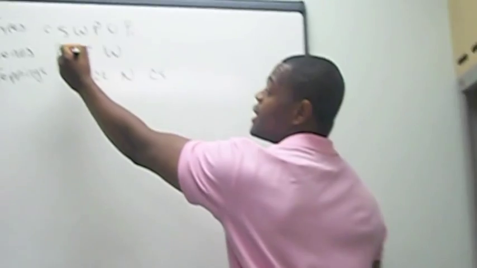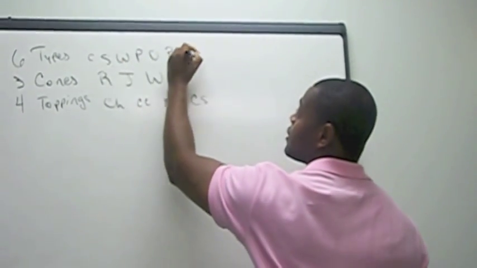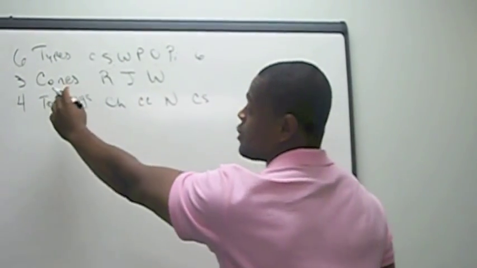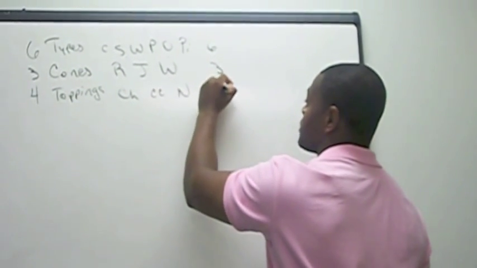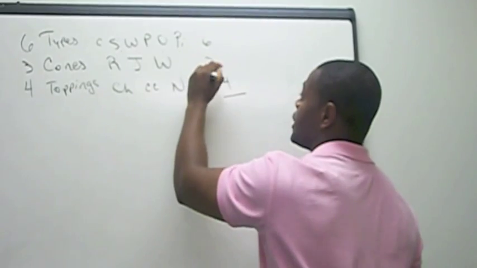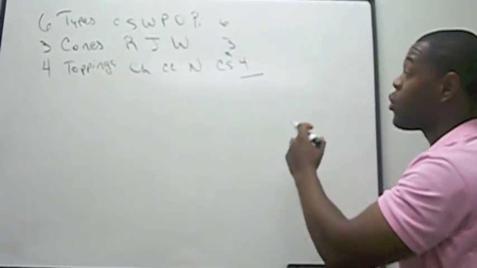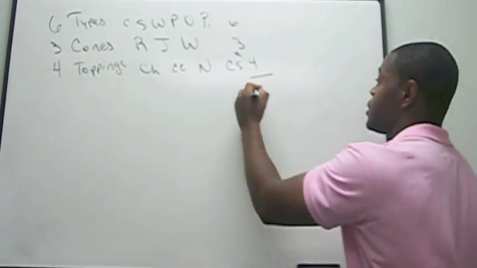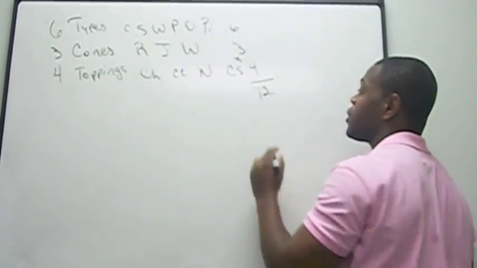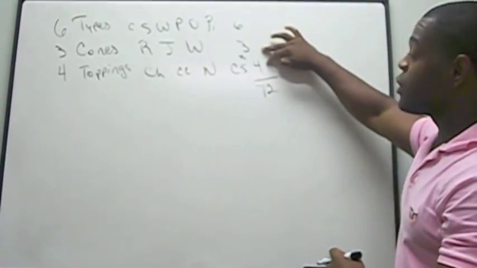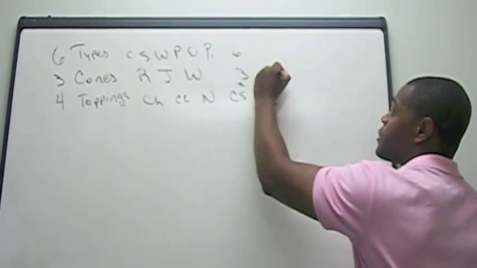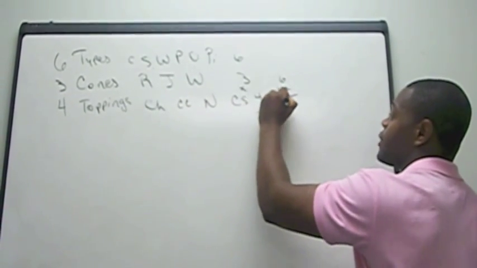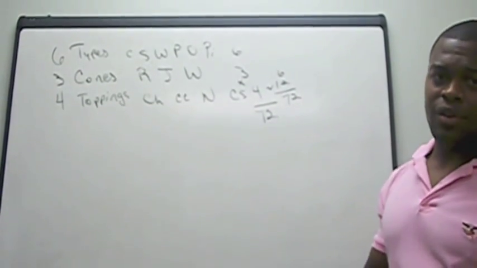However, if we say 6 different types, 3 different types, 4 different types, and we multiply these, 6 times 3 times 4, we're going to be able to come up with 72. The quickest way to do that, if you say 3 times 4, you're going to get 12. And 6 times 12 is going to give you 72, as we learned in like 3rd grade.